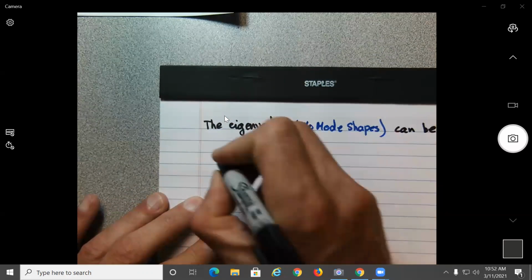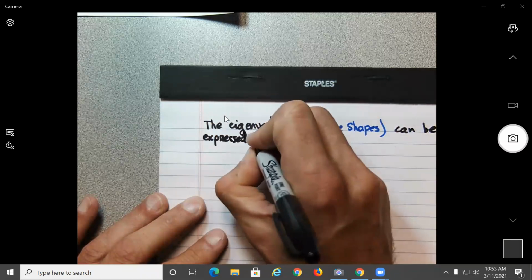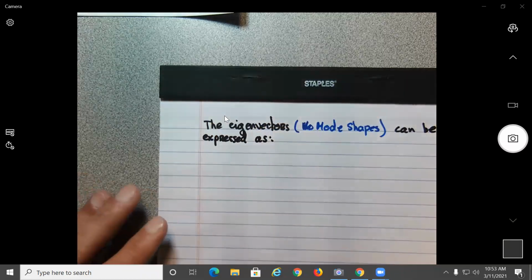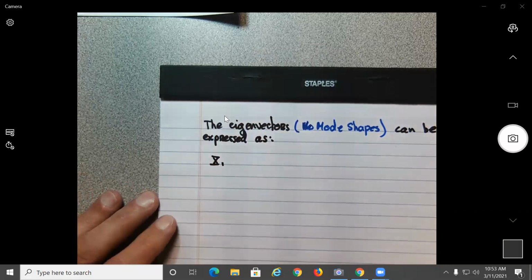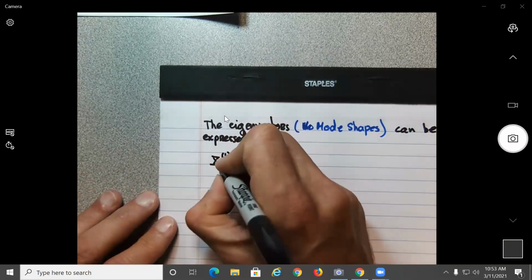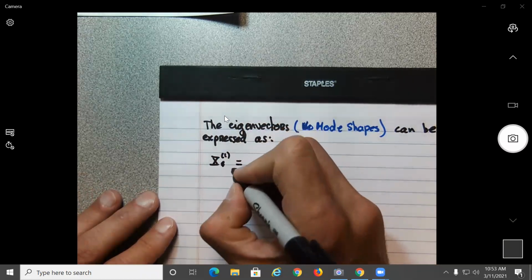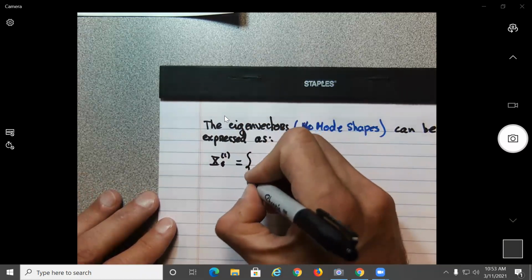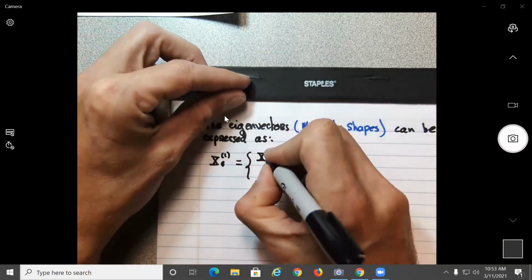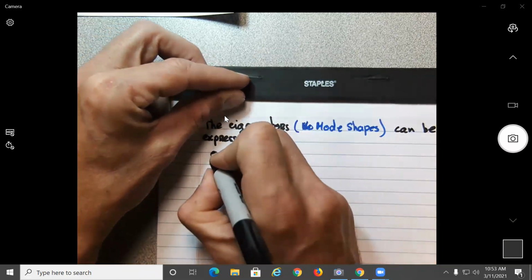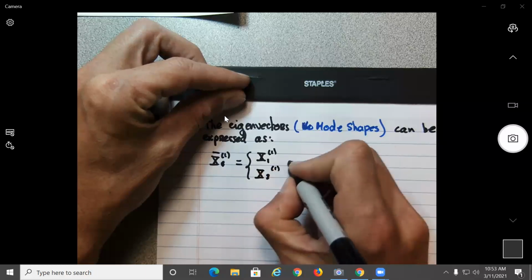It can be expressed as the same thing, with X1 on top, not the bottom. So it should be 1, 1. So this is a vector, X2 of 1.